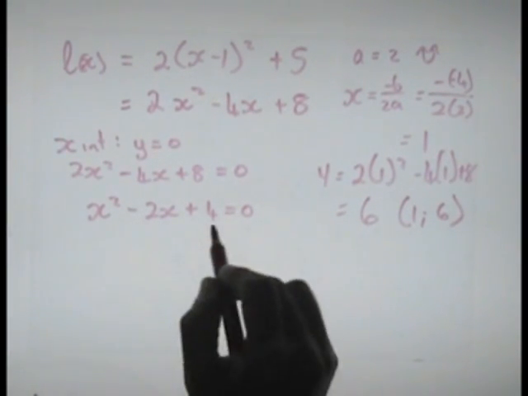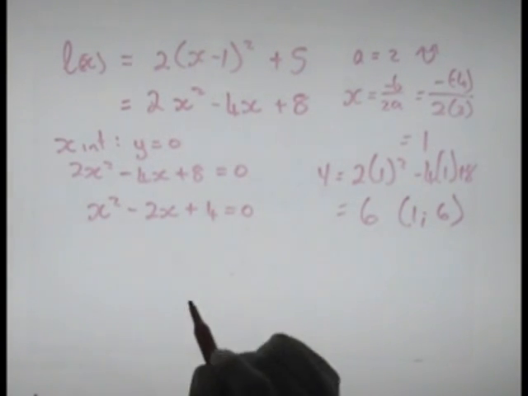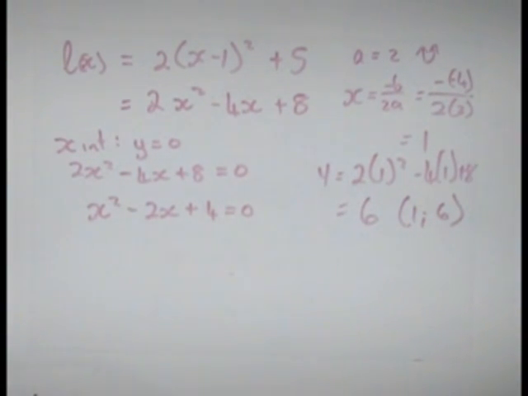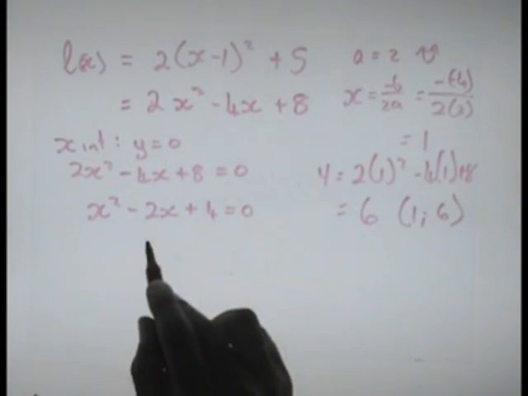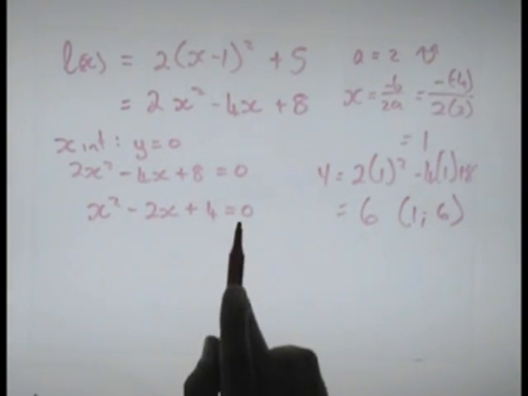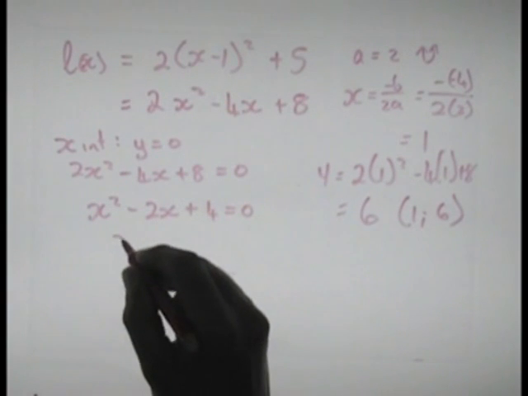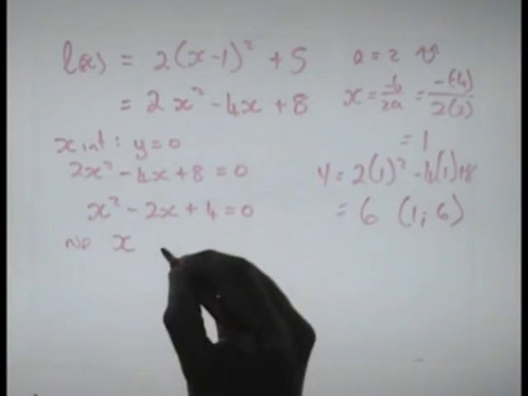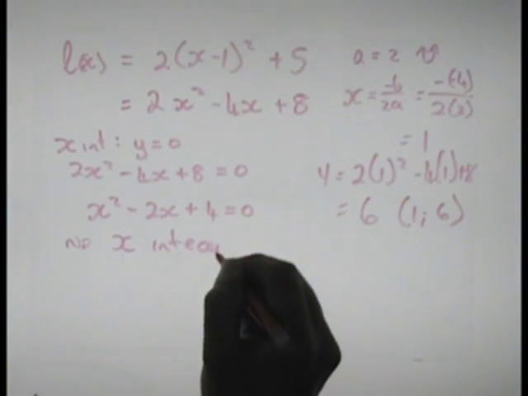Unfortunately this one here can't be factorized. There are no factors of 4 that will give us negative 2. Also, if we do try and use either completing the square or the quadratic formula, you're going to find that this is undefined, or rather that there are no x-intercepts.